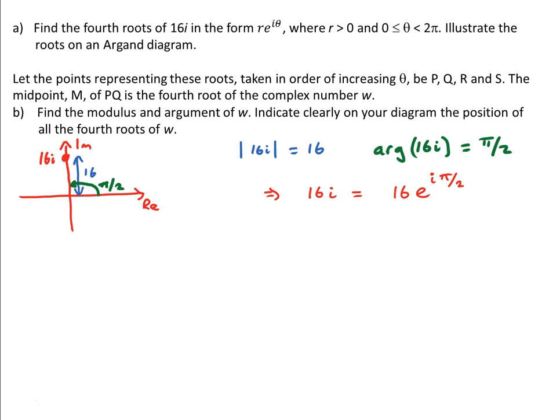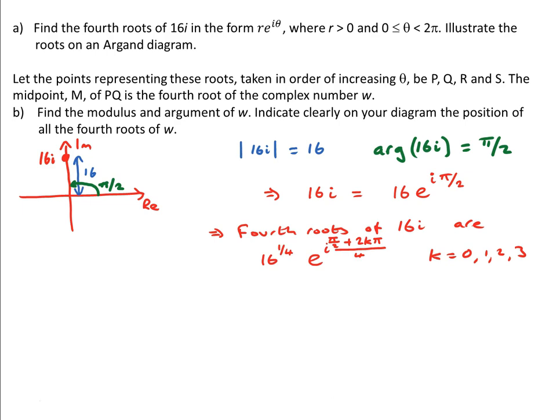So the fourth roots of 16i must be of the form 16 to the quarter times e to the i times pi by 2 plus 2k pi, divided by 4, where k can take the values 0, 1, 2 or 3.